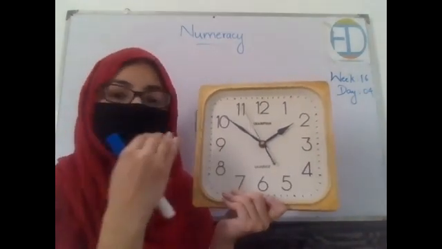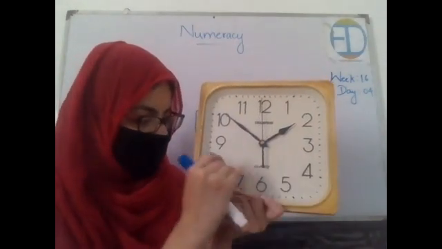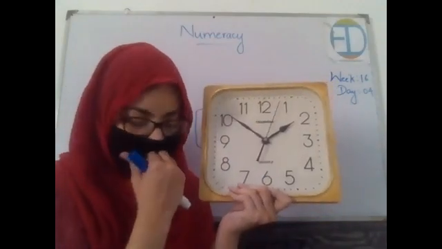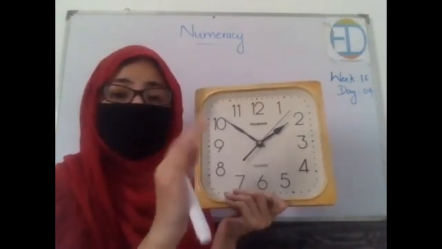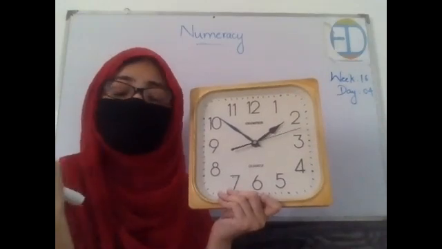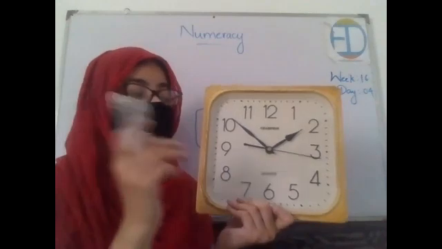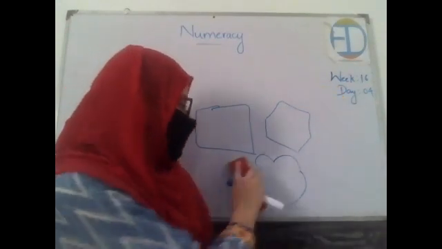And what are they, in sequence? 1, 2, 3, 4, 5, 6, 7, 8, 9, 10, 11, 12. But this does not mean that we have only 12 hours in a day. No. Or only 12 minutes in a day. No. We don't have only 12 seconds in a day. But if we talk about these details, let's quickly revise it together.